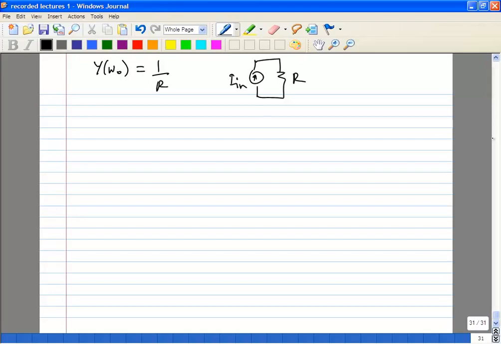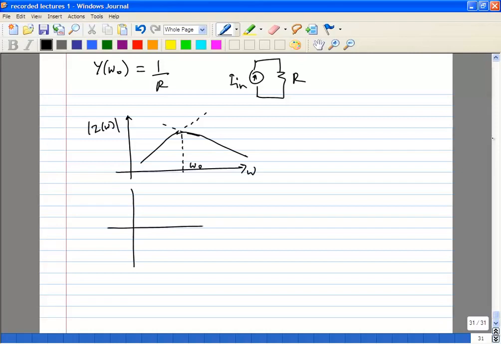So now we are in a position to plot the impedance in a little bit more detail. If it was inductive it would go this way, and this is your omega naught. And let's also plot the phase.